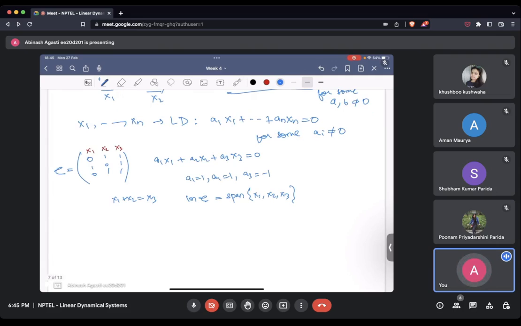What is the span of some vectors? It's the set of all alpha 1 x1 plus alpha 2 x2 plus alpha 3 x3 such that alpha 1, alpha 2, alpha 3 are real numbers, basically all possible linear combinations of those three vectors.